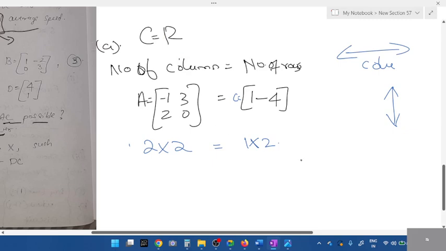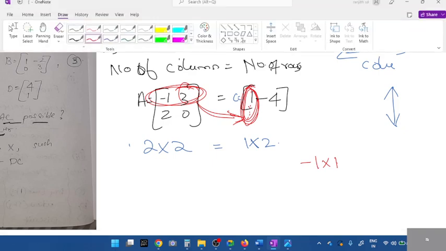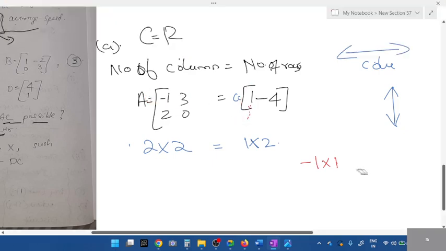So when you multiply first row, first column, students, minus 1, sorry, first column and first row should be equal. Is it possible to multiply them? Response, students. Can I multiply these two? Minus 1 into 1, and for 3, does it have any pair here? For 3? No, you can't multiply that. So therefore A and C are not possible. You can't multiply A and C, students. The products are not possible.